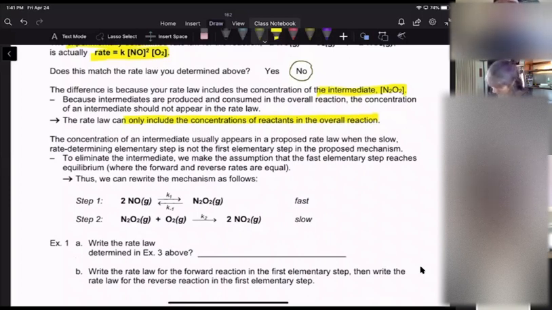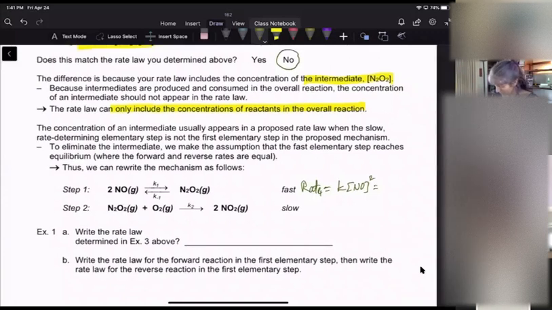So now I'm going to write rate 1 equals K1 NO squared, right? That's the same as what I had. But now I'm going to write the rate in the other direction. I guess we haven't done equilibrium yet, but at equilibrium, which I like to give a little symbol like that.